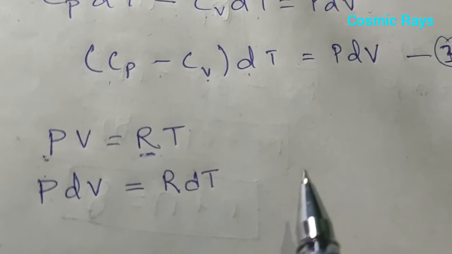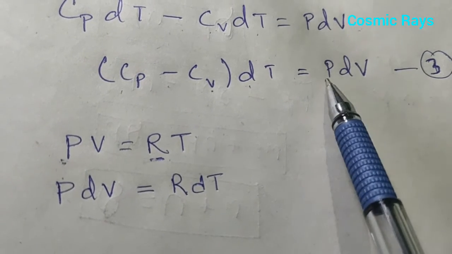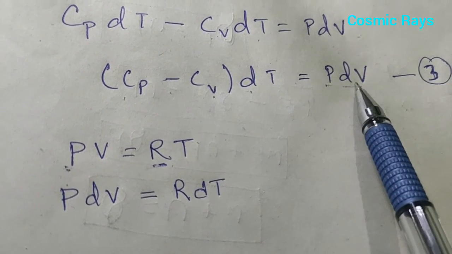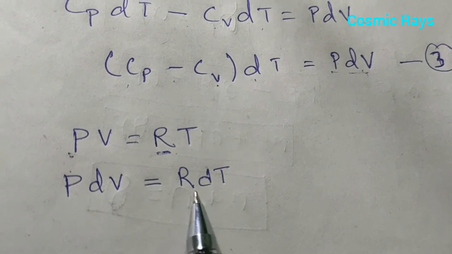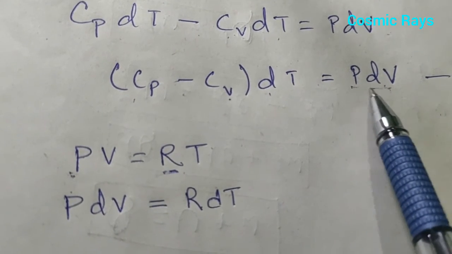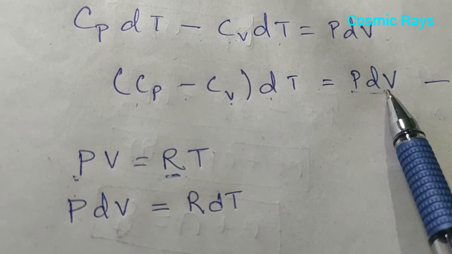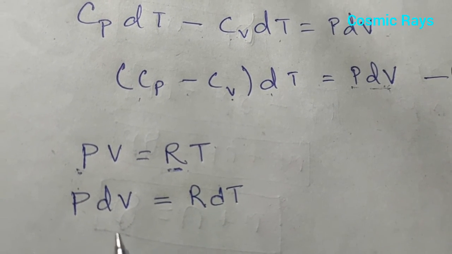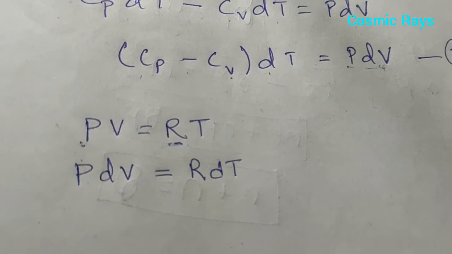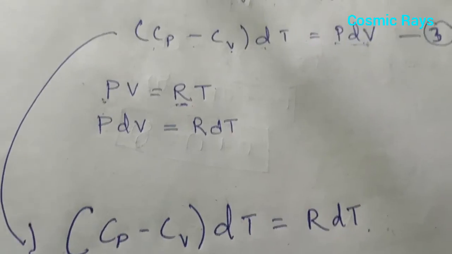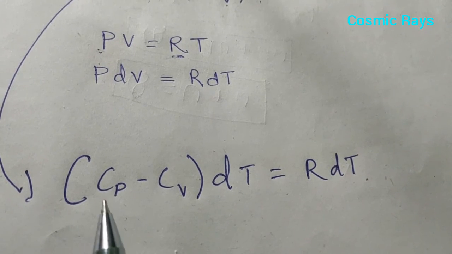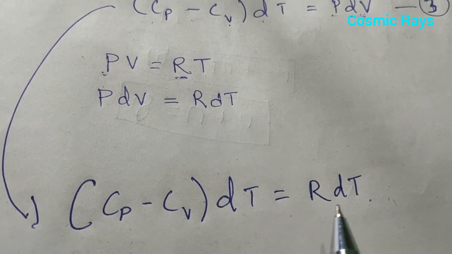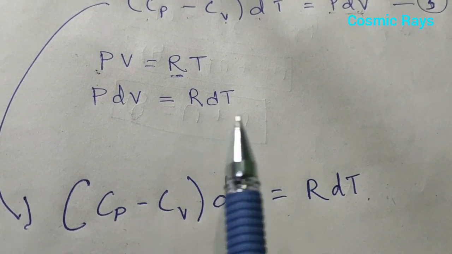Now going back to equation 3, on the right hand side we have P dV. But from this equation we know that P dV is equal to R dt. So in equation 3, instead of P dV we substitute R dt. So the equation Cp minus Cv times dt equal to P dV becomes Cp minus Cv times dt equal to R dt.